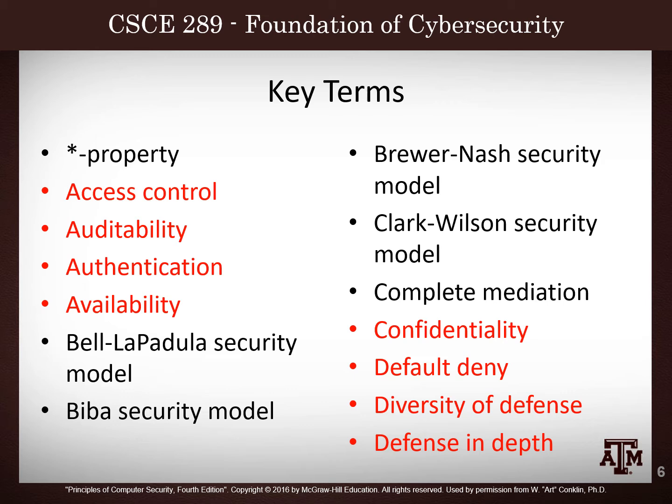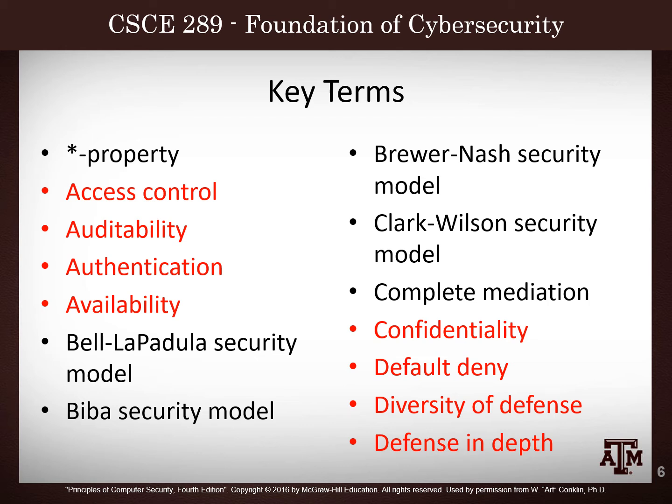Now, I'm going to go quickly through these security models, but they're not in red. For instance, the Bell-LaPadula model emphasizes confidentiality and is characterized by no read up or no write down rules. Does that make sense?